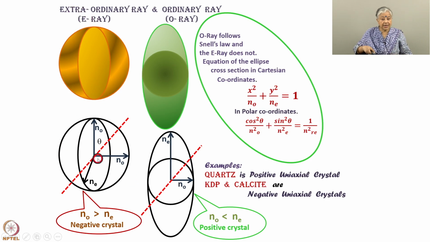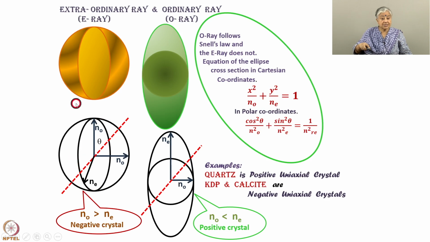So, here N0 is the refractive index for the ordinary ray. It is the same in all directions, all around the circle. And Ne is the refractive index for the extraordinary ray, which follows the rules of this ellipse.